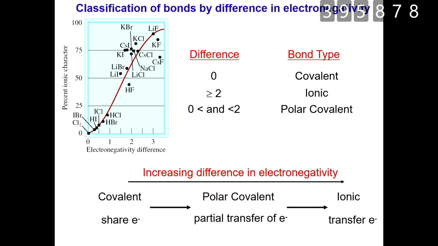But this covalent bond is called polar covalent bond. Polar covalent bond. For example, between 0 to 2, so it's this compound, right? These compounds. So these compounds, we can see, they form polar covalent bond. Polar covalent bond. So any question for this picture? And any question for how to determine the bond types?